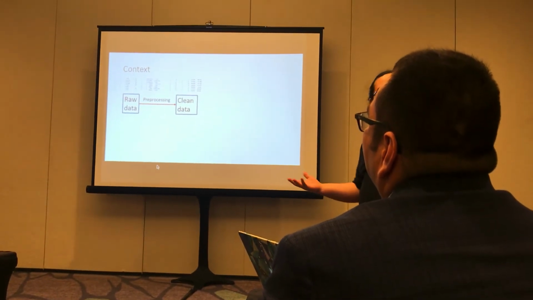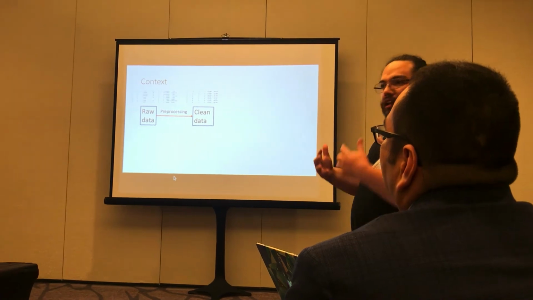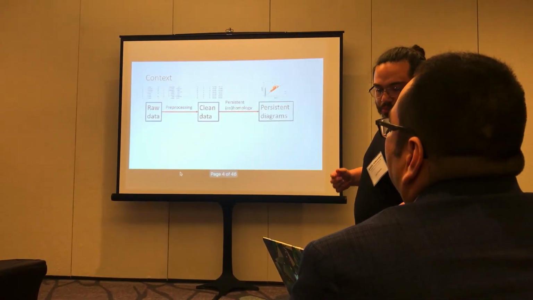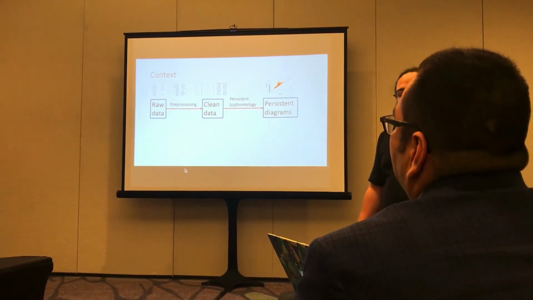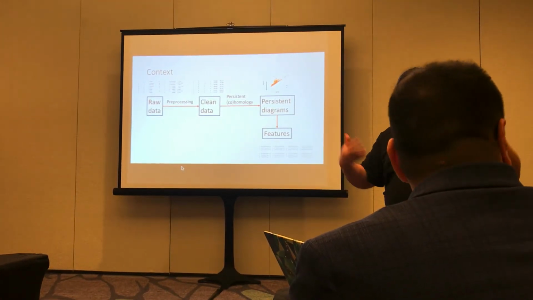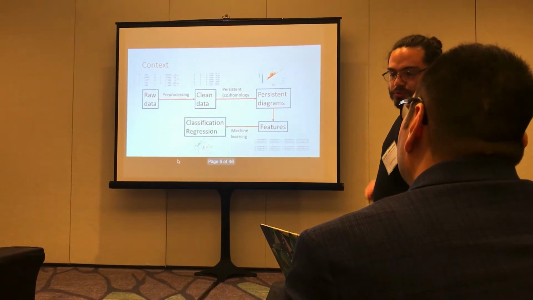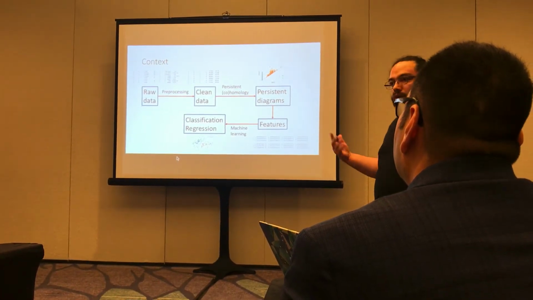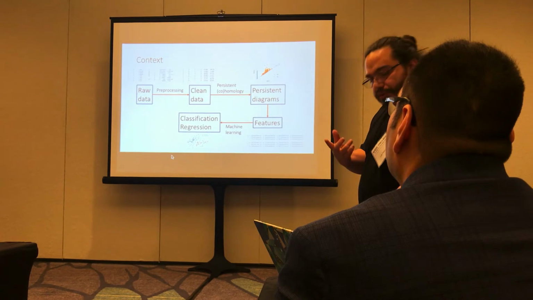We, as usual, do some pre-processing to obtain clean, useful data. Using persistent homology or cohomology, we obtain persistence diagrams, from which we obtain vectorizations or collections of features, from which we want to learn, like classification problems, regression, and so on and so forth.